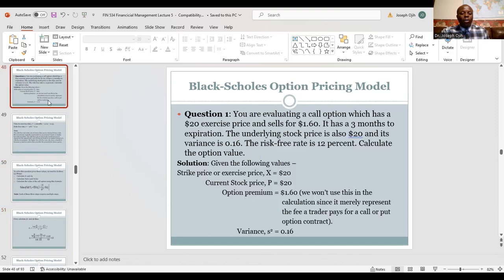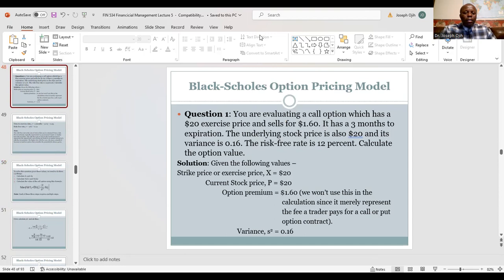Remember, we are given all these values. Let's start putting them on the table. It says here that the call option has a $20 strike price, and it also says that the stock price is 20. This is just coincidence. They're not always the same price. Anyway, I will begin by putting in the values they give us first.